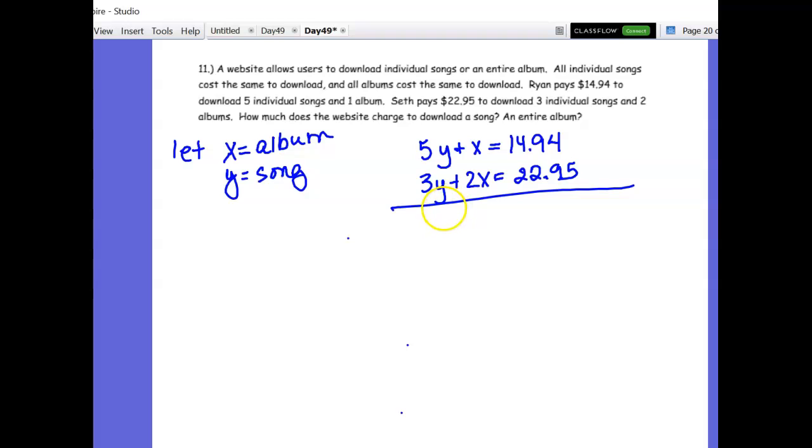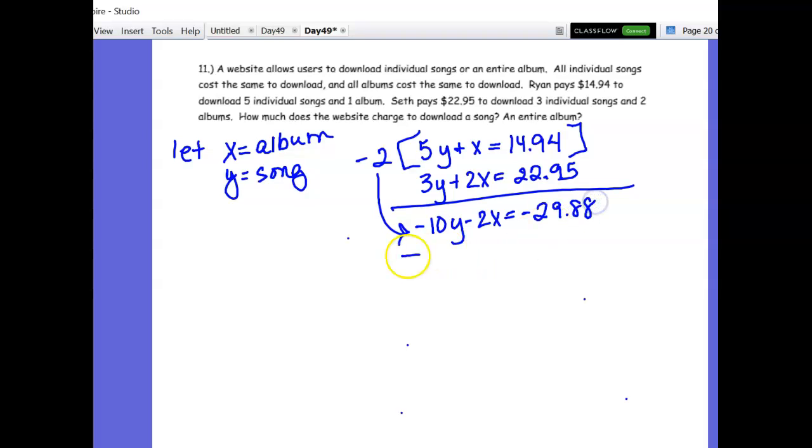Okay, so if we go through and multiply everything at the top by 2, that might work out. We'll do elimination. So I'm going to do that down here. Actually, I'm going to multiply by negative 2. So I'm going to get negative 10y minus 2x is going to be equal to negative $29.88. Okay. So now I'm looking at these 2, and I eliminate.